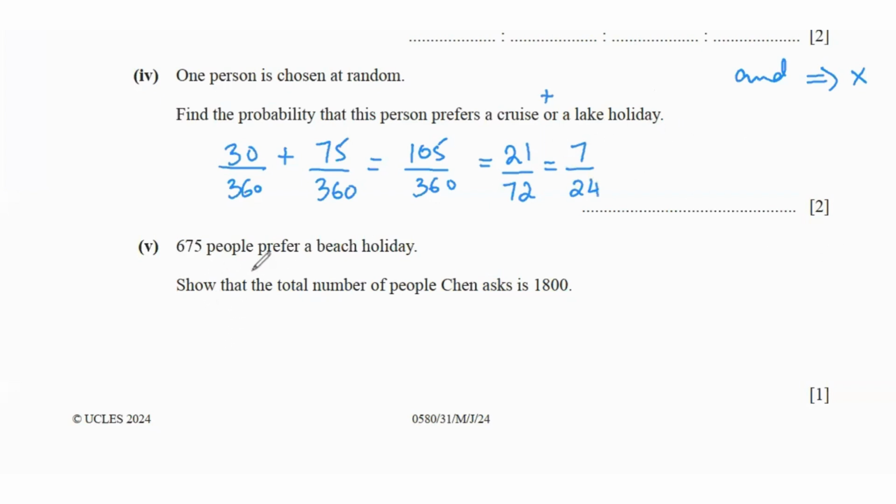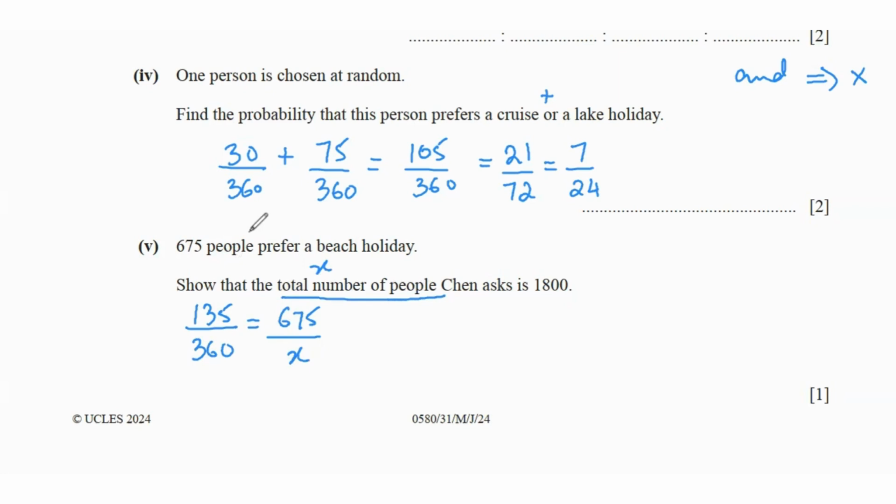Next part says that 675 people prefer a beach holiday. Show that the total number of people Chen asked is 1800. So what we're going to do is, we know that the beach holiday has an angle of 135. So 135 over 360 is basically the same as 675 over x. X being the total number of people.